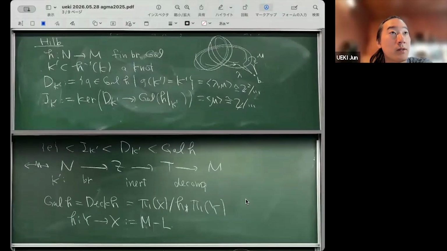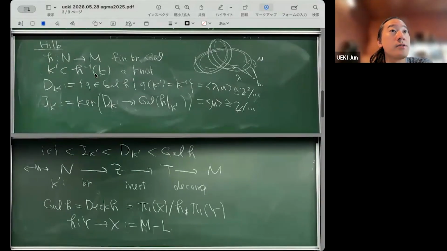Here is a bit more about Hilbert ramification theory. Let H be a finite branched Galois cover of a 3-manifold, and let K be a knot and K prime denote the inverse image of the knot. Then the decomposition group and the inertia group of this K prime are defined in this way, and they are a quotient of Z^2 or Z. They are generated by longitude and meridian, or just meridian.